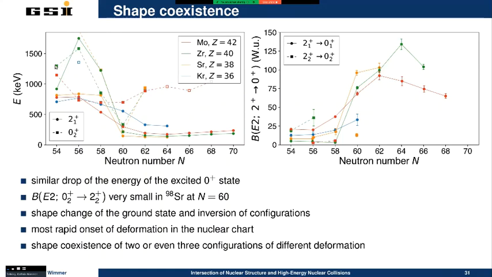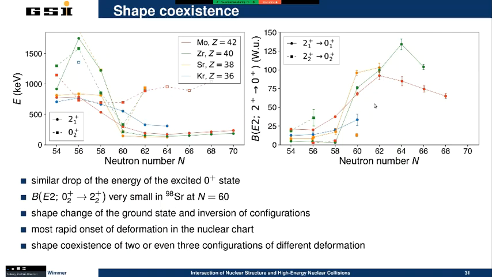These are shown here by the dashed lines, and you can see in the zirconium in green that this excited configuration drops down in energy and then becomes very close to the ground state. And then the excited 0+ state goes up in energy again, and this is interpreted as a change in configuration. So these two states swap their nature at neutron number 60.